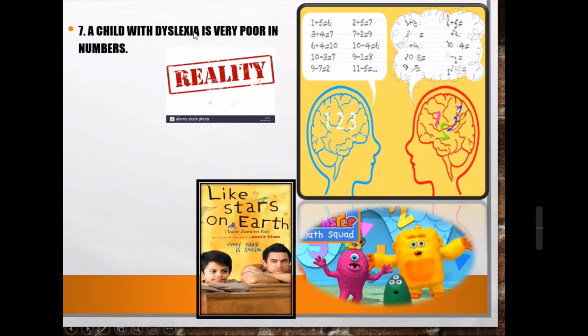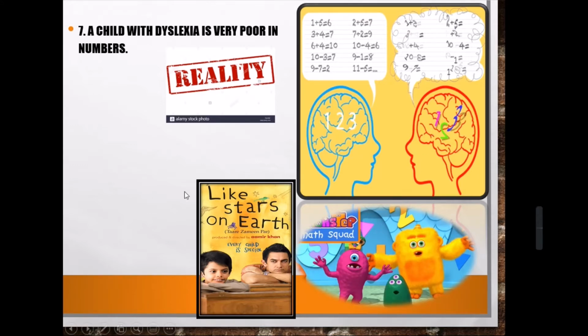But if you are a child with dyslexia, this is how you see things. The numbers are flying around, right? And you cannot determine what number that is.